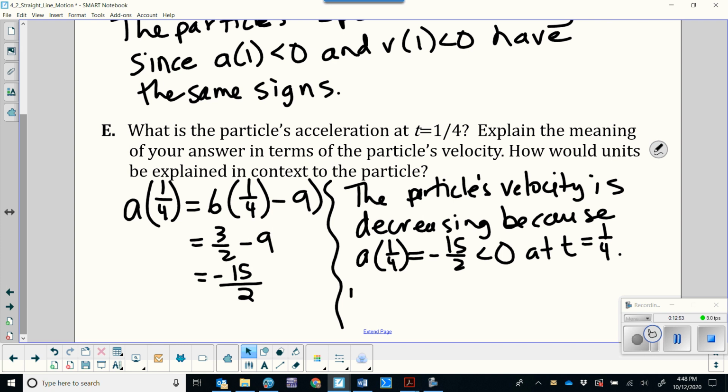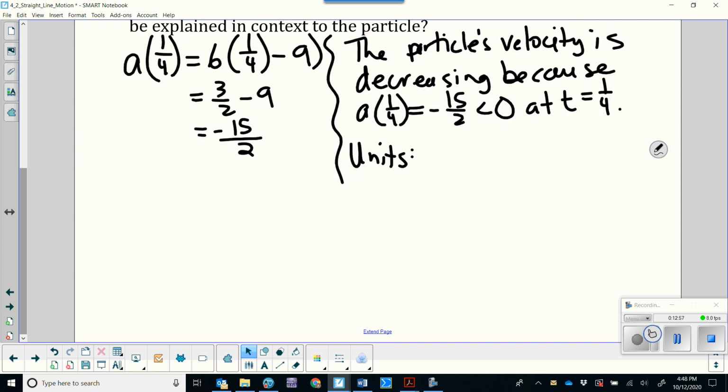So when you found your change in acceleration, your acceleration is change in velocity over time, right?